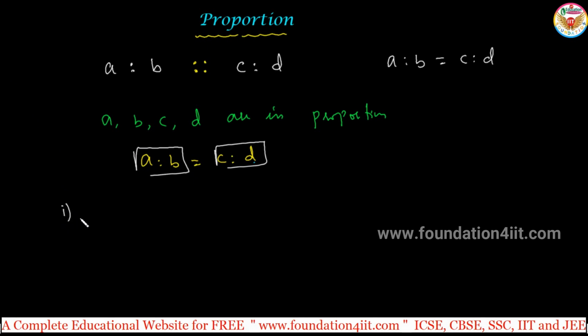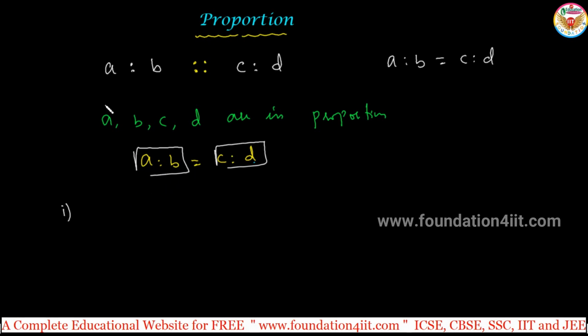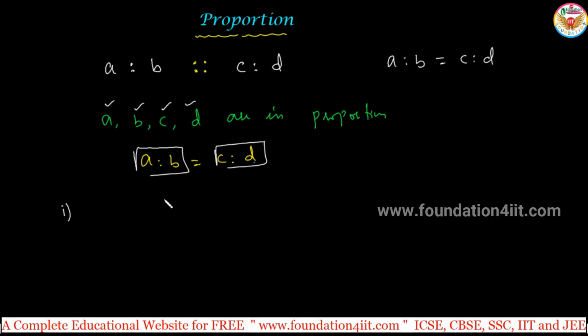Now let's see the properties in this basic thing. First one, each quantity in a proportion is called a term, or a proportional. There are A, B, C, D, four terms. So the first two terms' ratio is equal to the last two terms' ratio. And in a proportion, the first and last terms are called extremes.